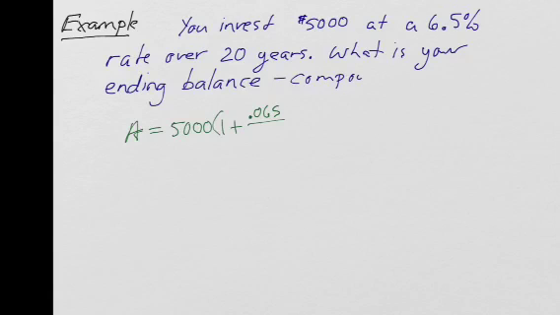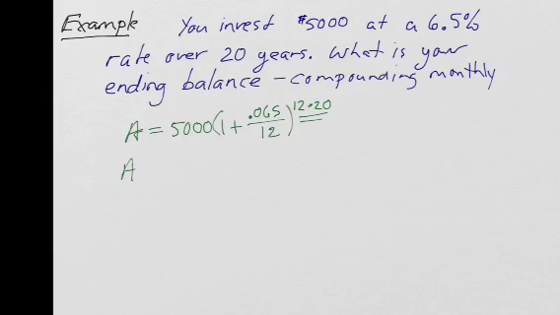Let's go with compounding monthly because that's what's most common. That means it's going to be a 12 as that denominator. And then my exponent becomes 12 times 20. Essentially, how many months are there in 20 years? On my calculator, I can basically type it all at once, except my calculator always messes that part up.